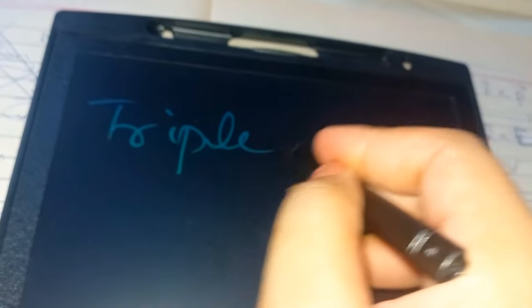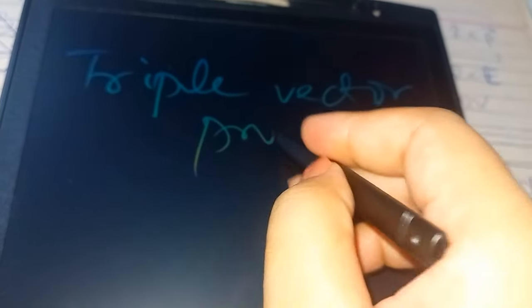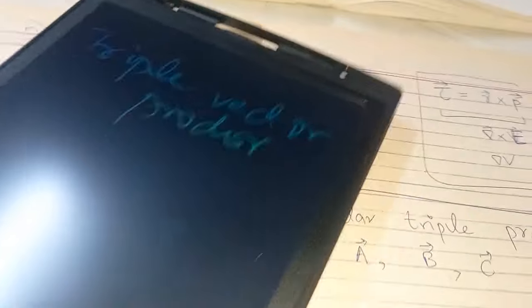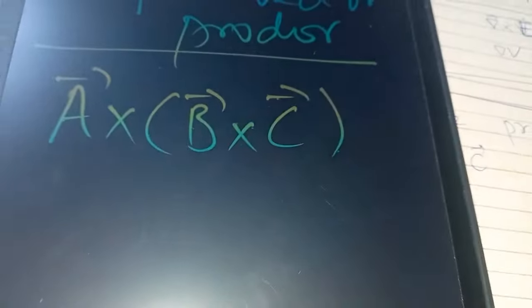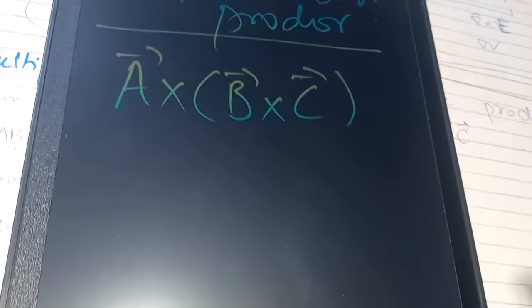So how does the triple vector product look? Let's see. The vector triple product, how it looks, it's like 3 crosses. The order matters again, and it's usually written this way with the brackets to show the order.